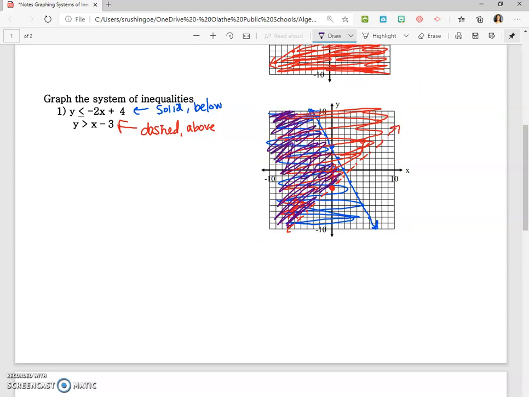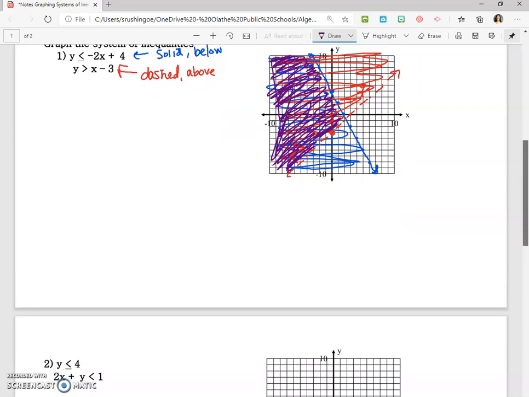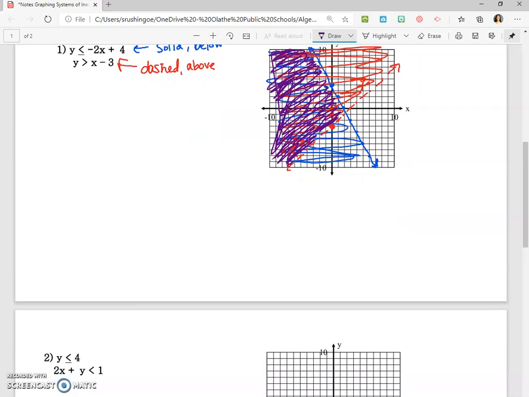This section right here. So this is my answer, this section that is the overlap. So kind of make it the darkest out of all of them. So any point in that region would be considered a solution to that system.